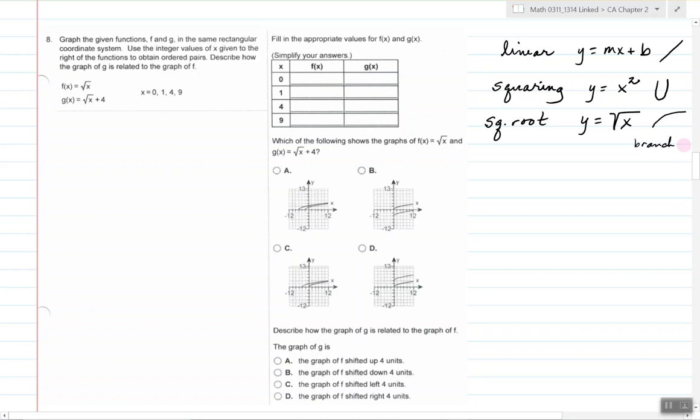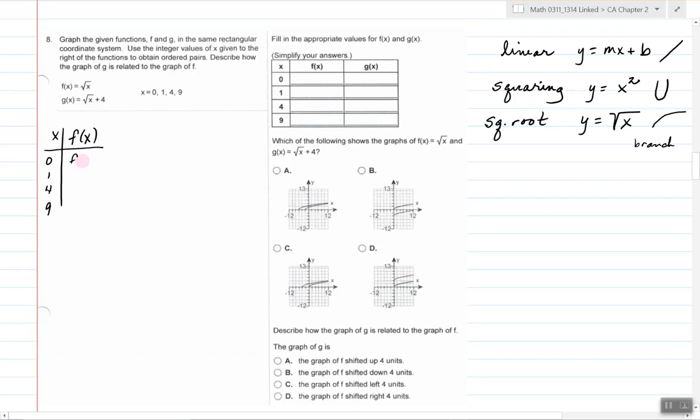All right, so the first thing they want me to do is to get some points to figure out what f of x would look like. I have this chart, but I'm going to do it over here. I have x and f of x. Remember, f of x is just another name for y. They tell me to pick 0, 1, 4, and 9.